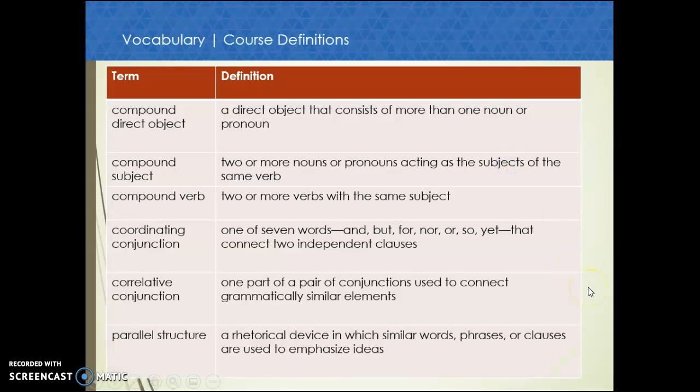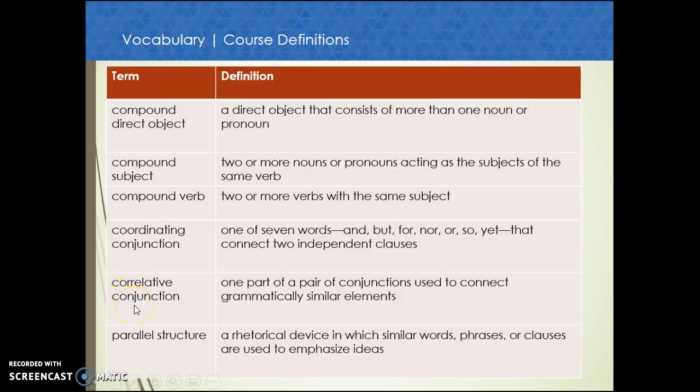Here's some more terms we talked about. This lesson was 5.01, where we talked about subordinating, coordinating conjunctions and correlative conjunctions. If you need to review that, go back to lesson 5.01 and make sure that you mostly understand the difference between a coordinating conjunction and a correlative conjunction.